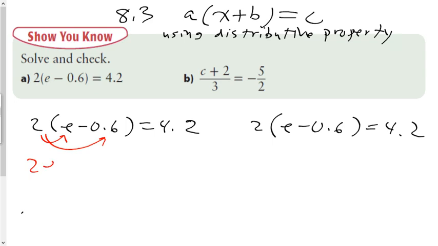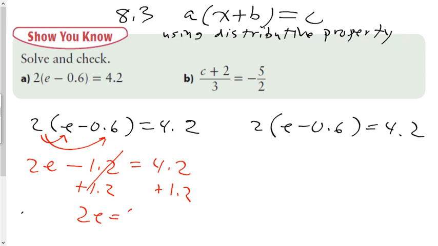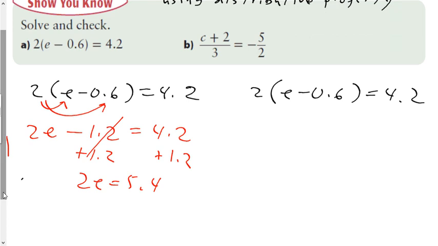So we can say two groups of e, or 2e, minus 1.2 is equal to 4.2. Once you have that, you can add the constant to both sides to create an opposite operation. You get 2e equals 5.4. And finally, dividing both sides by 2, e will equal 2.7.